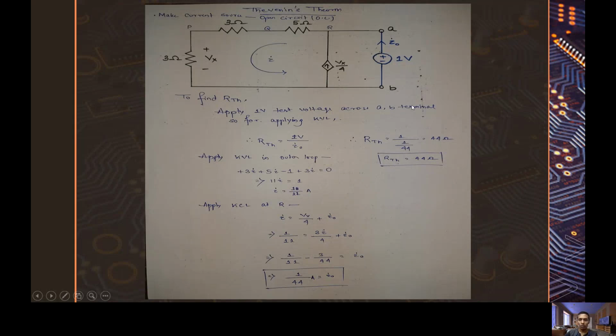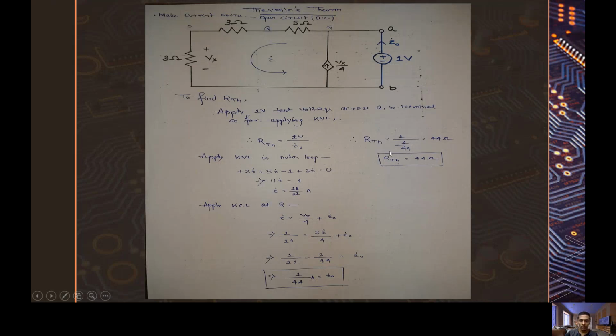Applying KVL at the outer loop, plus 3I plus 5I minus 1 plus 3I equals 0, which gives I equals 1 by 11 ampere. So R Thevenin equals 1 volt by 1 by 44, equals 44 ohm. R Thevenin we get is 44 ohm.